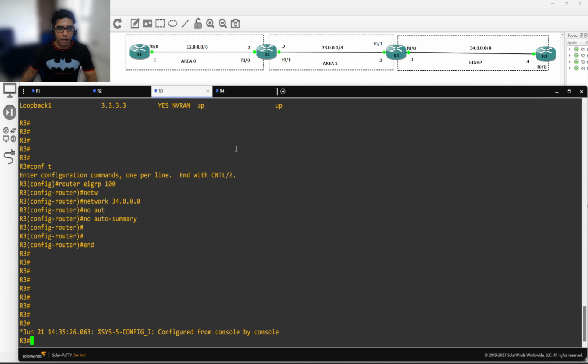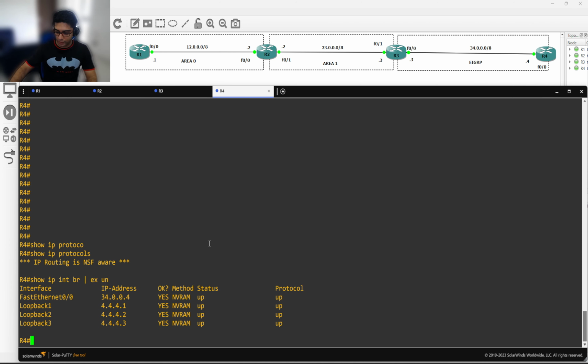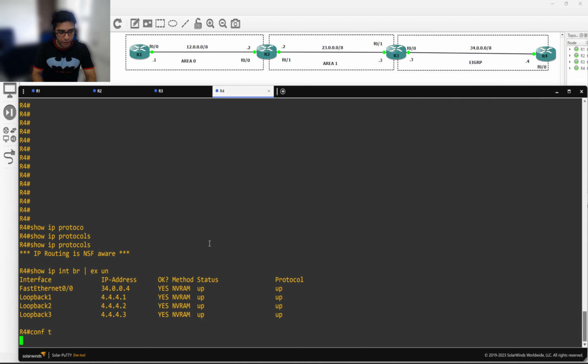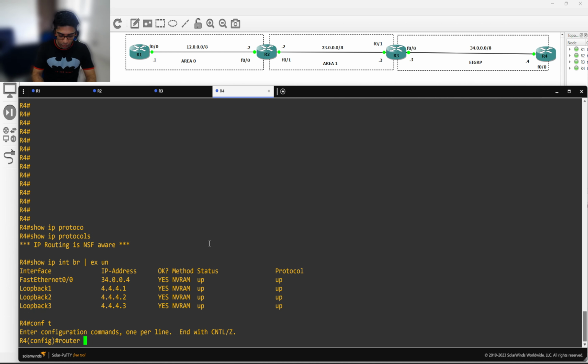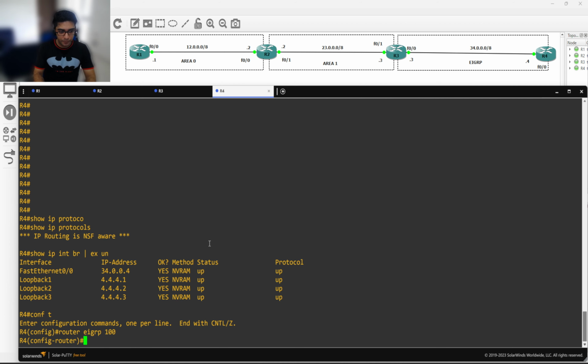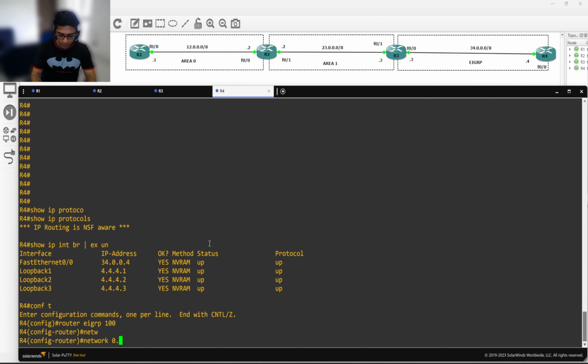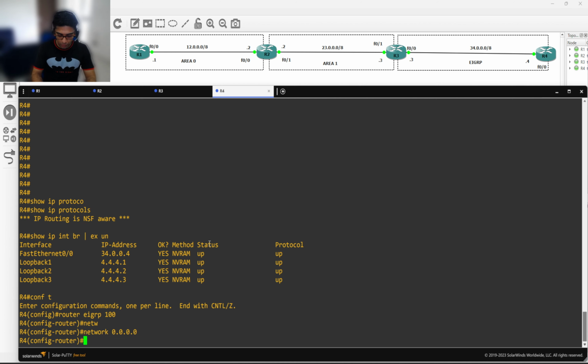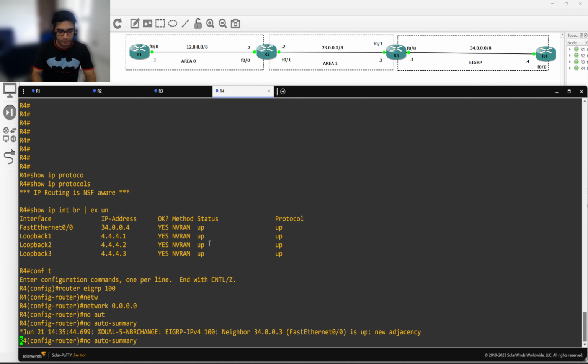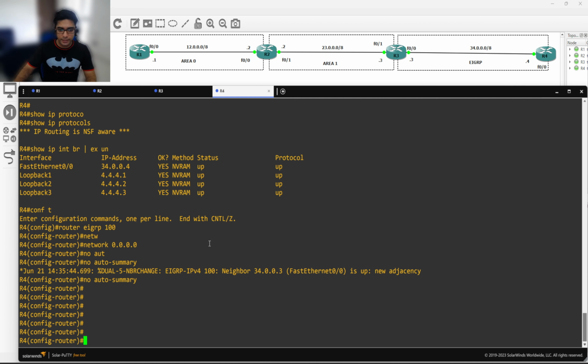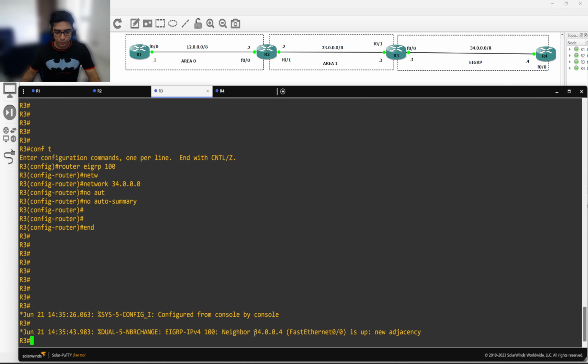Now on R4 also we will enable EIGRP. Configuration terminal, router eigrp 100, network 0.0.0.0, no auto-summary. So we can see that the EIGRP neighborship between R3 and R4 has come up. We will see a similar syslog created on R3 as well.